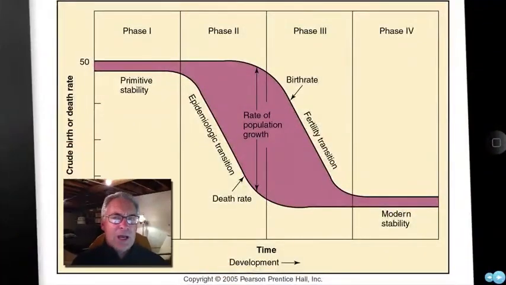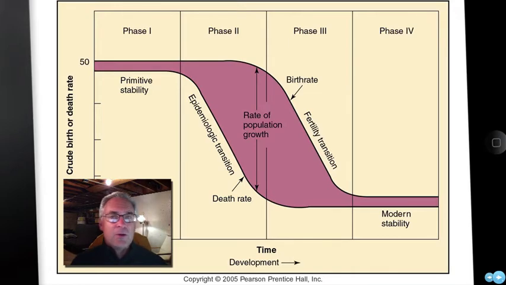Well, in 1929, a gentleman by the name of Warren Thompson proposed this theory of a demographic transition model that has 4 distinct phases. Phase 1 is pre-industrial. It's subsistence kind of living from basically hunting and gathering. Very primitive in its stability. It has a very high birth rate, but also has a very high death rate as well.